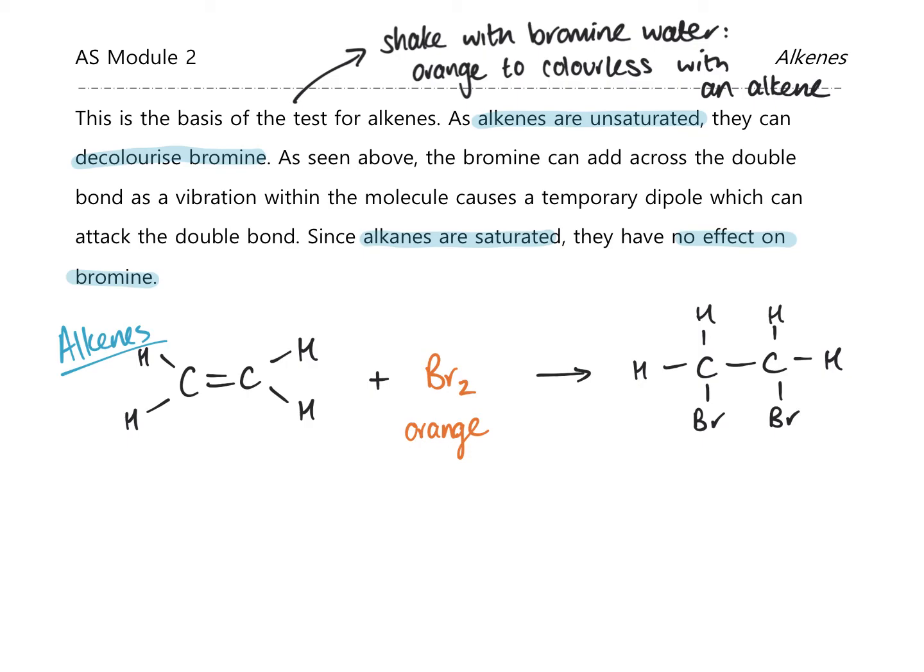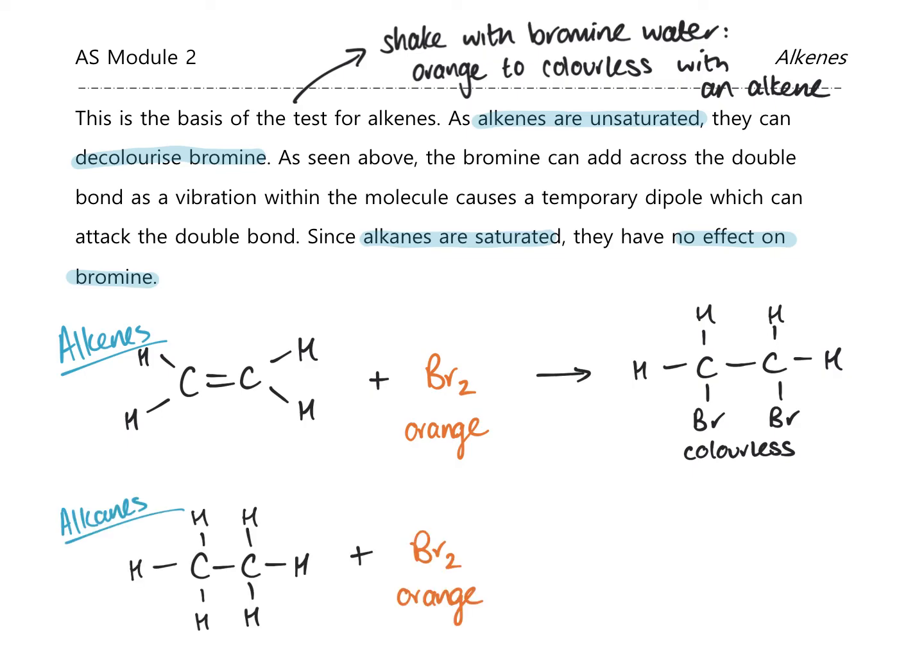Bromine water, as we said, is orange, but the product that we form is colourless. So this is the test for alkenes: if we shake bromine water with an alkene, it will change the bromine from orange to colourless. In other words, it will decolorize bromine. If we look at the equivalent alkane, which is ethane, and we try to react it with bromine, nothing will happen.